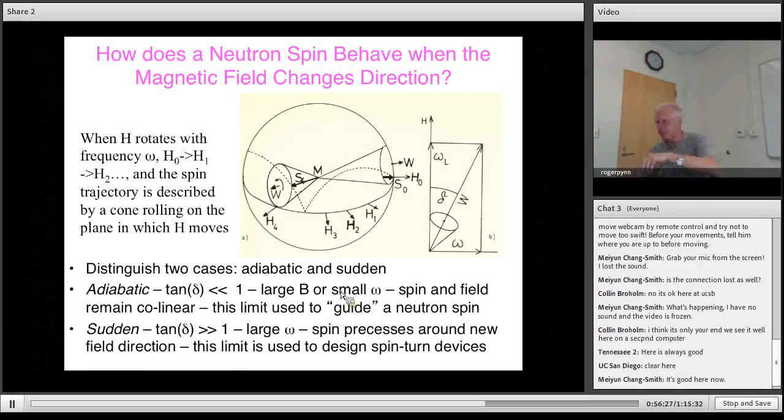And that's the situation we're going to be in if we try to guide the polarization of the neutron beam through the instrument.